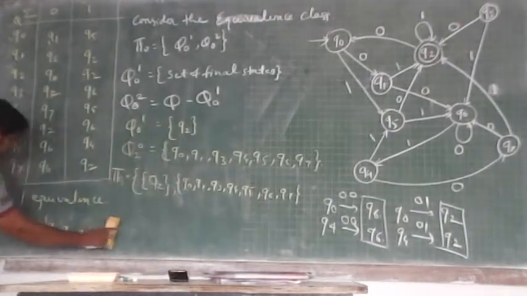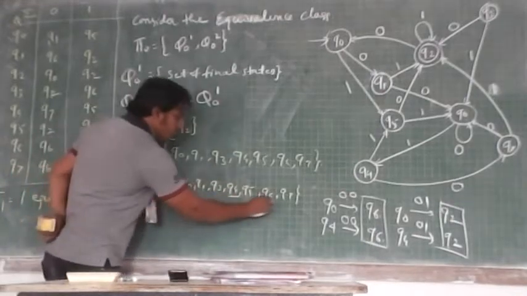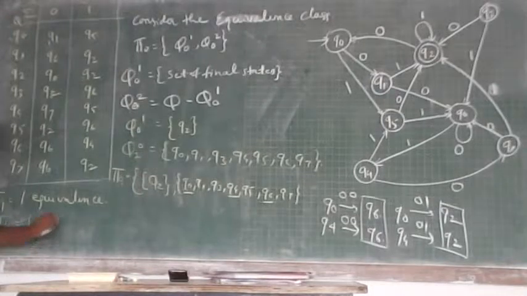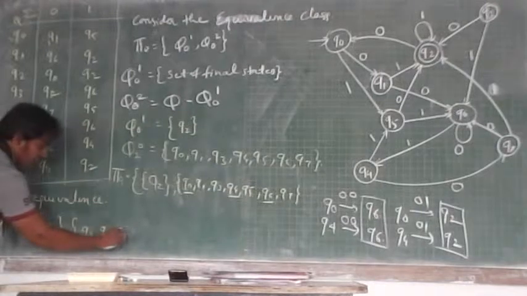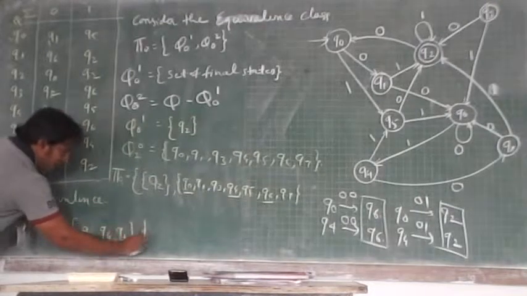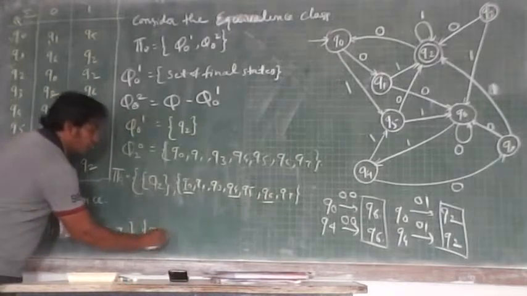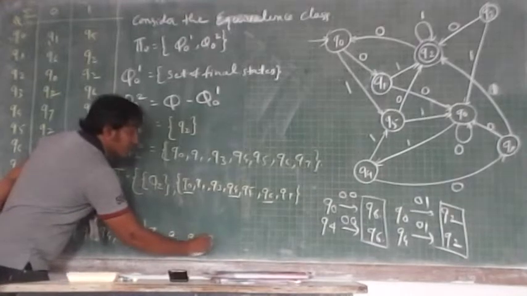I can have phi 1 like this. Out of this, Q0, Q4 and Q6, these three states I found are one equivalent, and I need to make another partition for this. So under phi 1 I get {Q2}, {Q0, Q4, Q6}, and the rest of the states: {Q1, Q3, Q5, Q7}.